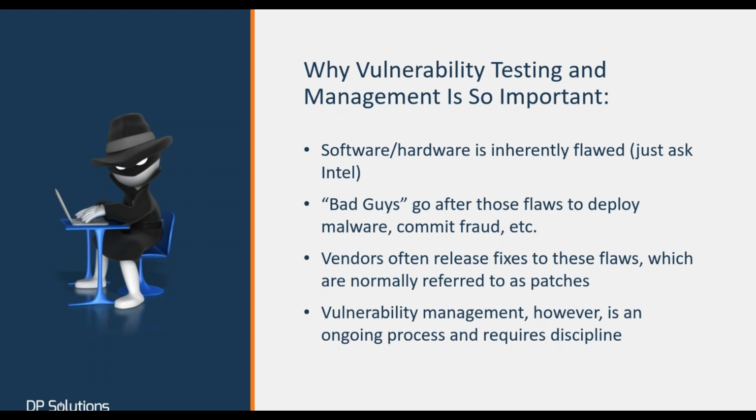We want to test for vulnerabilities, see what's out there, take some analysis to it, initiate some recommendations, fix those issues, and then eventually go back and do some more testing, because the fact is that these things change over time. A PC that's considered safe today may not be safe tomorrow. The Intel issue that we're going to talk about later is a great example of this. It took Intel years to realize that the Meltdown and Spectre flaws even were a thing.